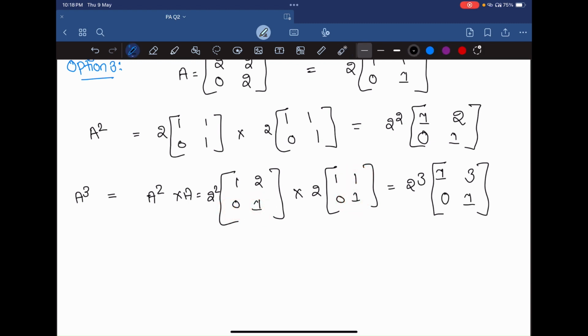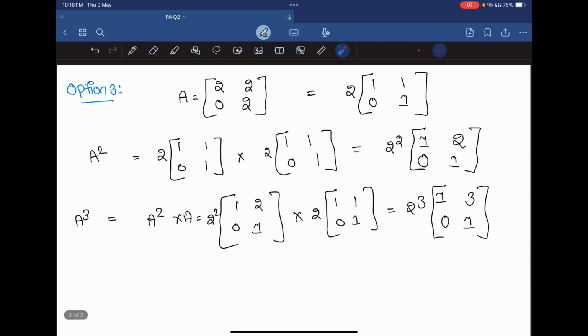So if we stop for a moment and try to analyze the pattern, we see that when A is to the power 1, our matrix is in this form, that is 2 power 1 times [1, 1; 0, 1], where the second row, first column entry is 0. And when we do the square, this 2 will go to the power 2, and these ones will remain the same while this one will become 2.